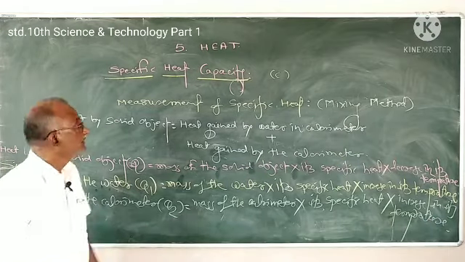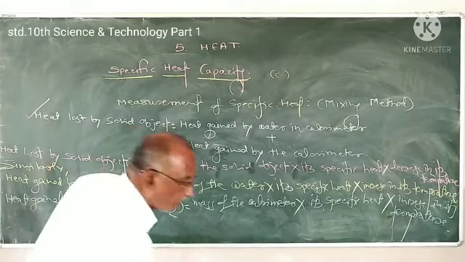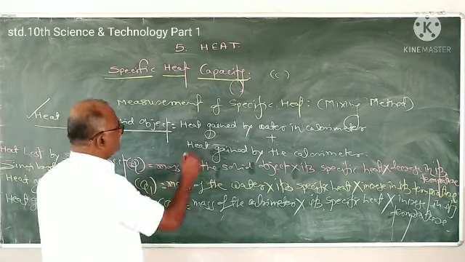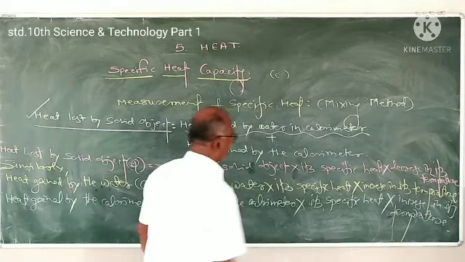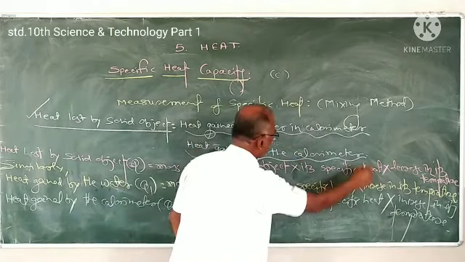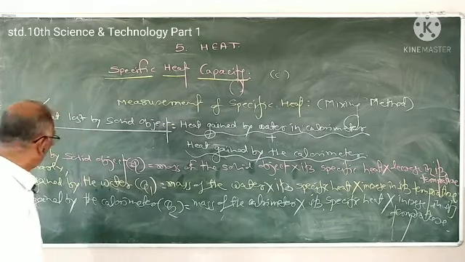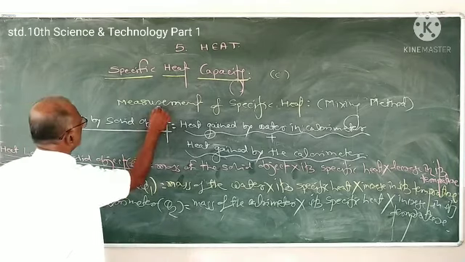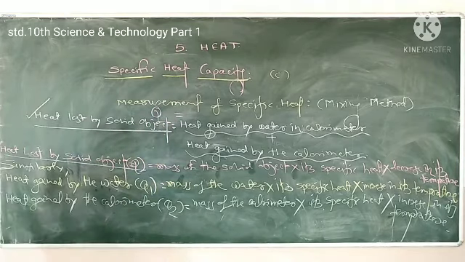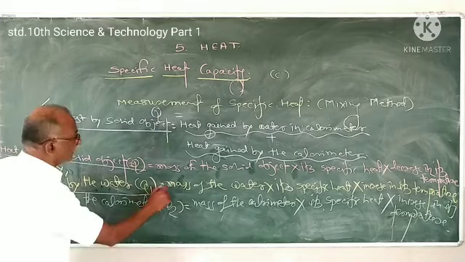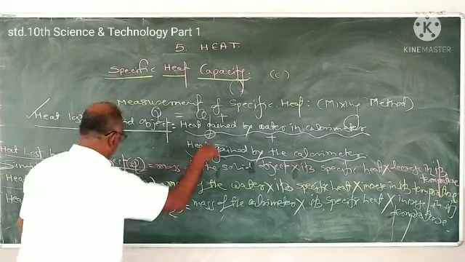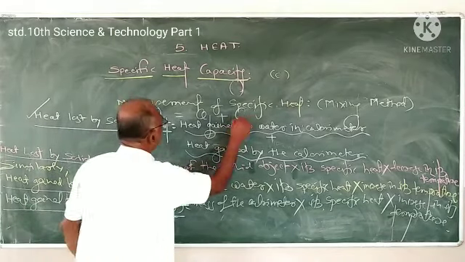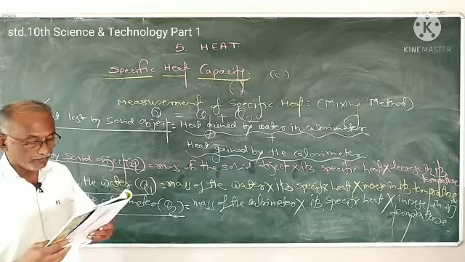Now here heat lost by the solid object is equal to heat gained by the water in calorimeter plus heat gained by the calorimeter. Here heat lost by the solid object Q is equal to heat gained by the water Q1 plus heat gained by the calorimeter Q2.